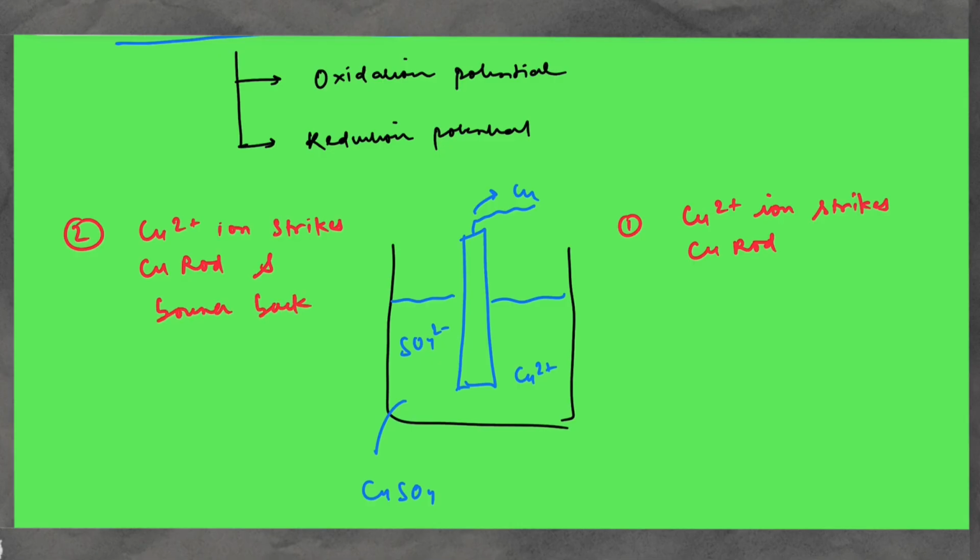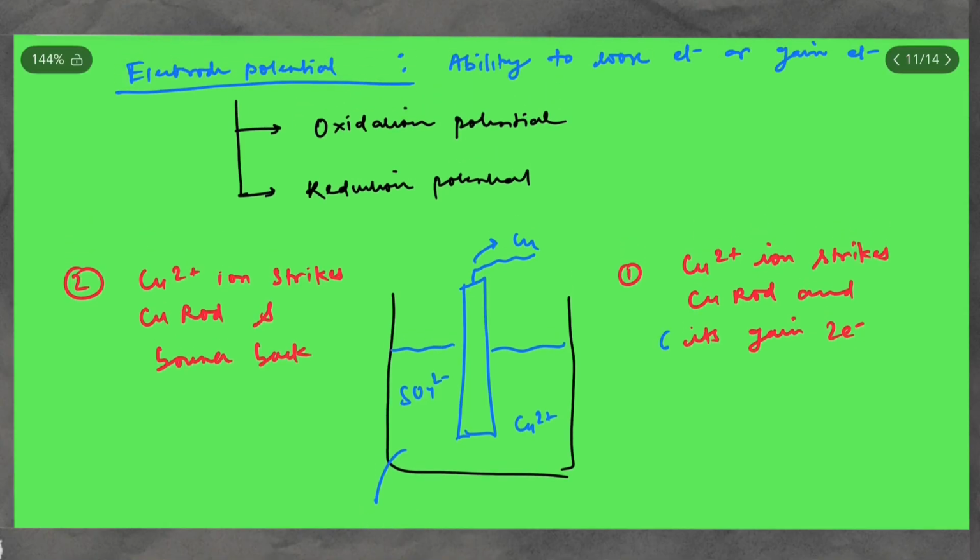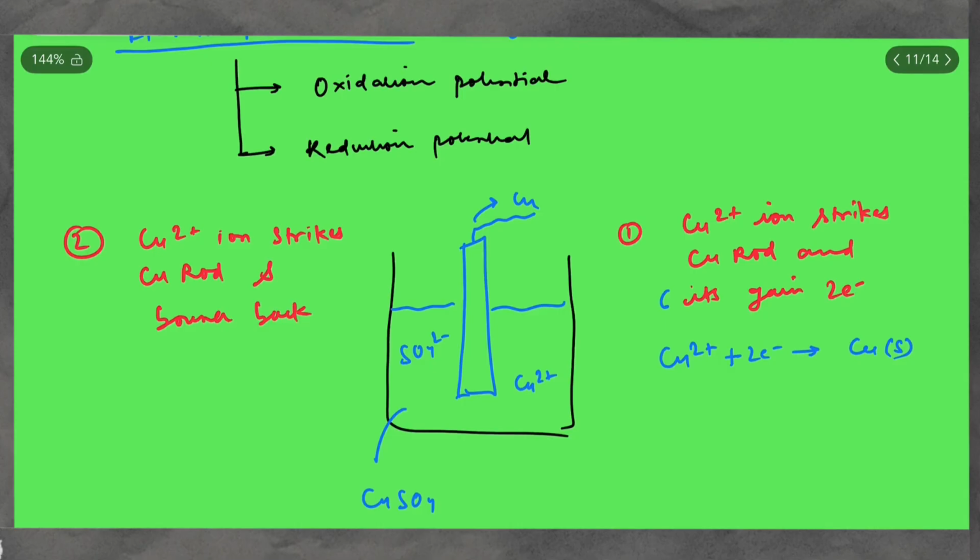Basically, in the first case, copper 2 plus ion is striking the copper rod and it gains 2 electron. So I can write it as copper 2 plus plus 2 electron will give us copper solid. In the second case, there is no change.